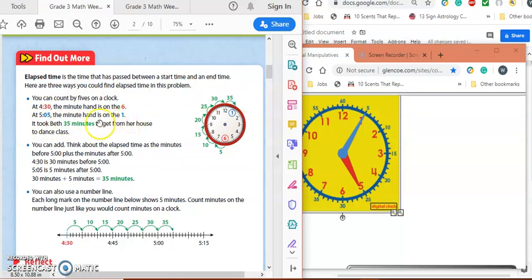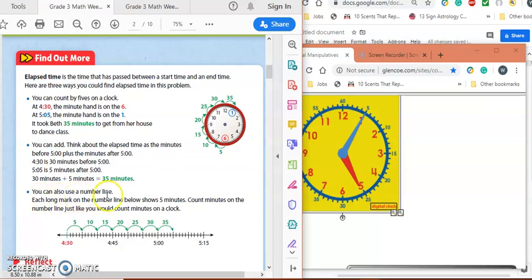It took Beth 35 minutes to get from her house to dance class. You can also add. Think about the elapsed time as the minutes before 5 plus the minutes after 5. 4:30 is 30 minutes before 5. 5:05 is 5 minutes after 5. So the 30 minutes before 5 plus 5 minutes equals 35 minutes.